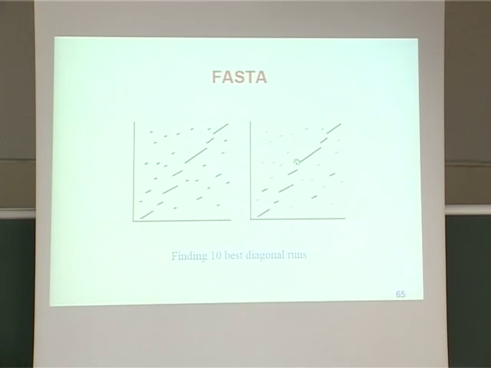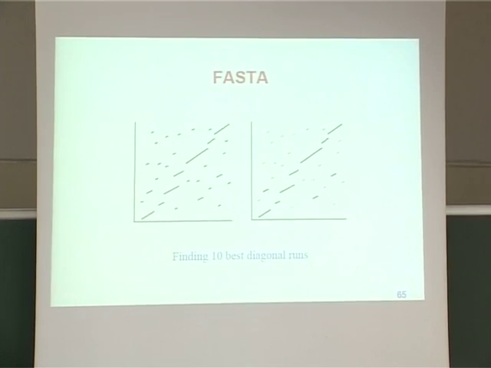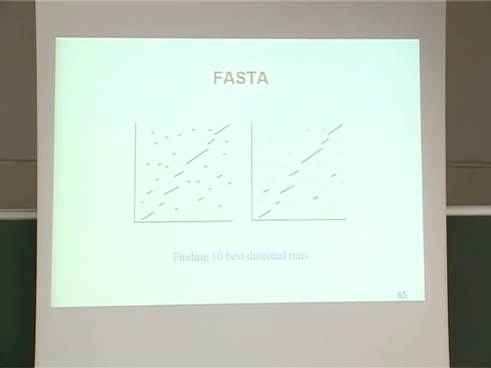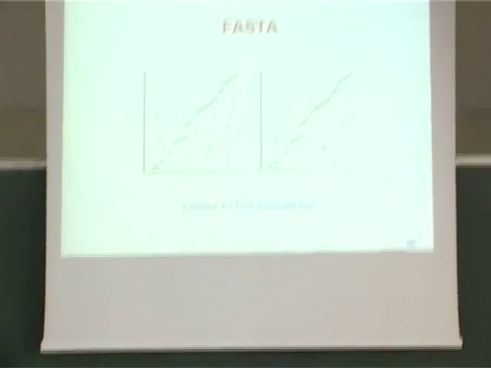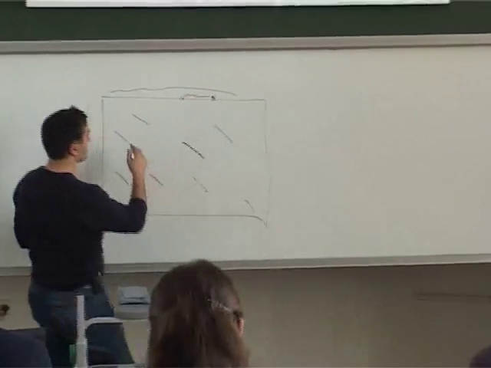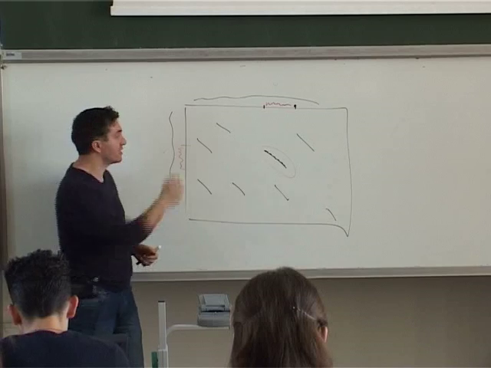So that's FASTA. It also runs the dynamic programming algorithm, but it gains efficiency and speed-up by not filling in the entire table, only certain entries. FASTA first tries to get an intuition of where, in this whole table, the best alignment between these two sequences is going to be.